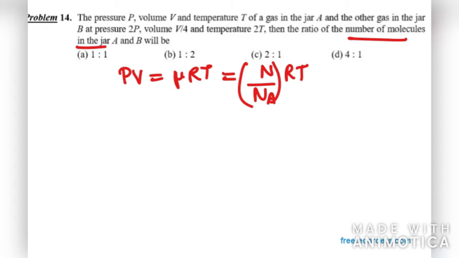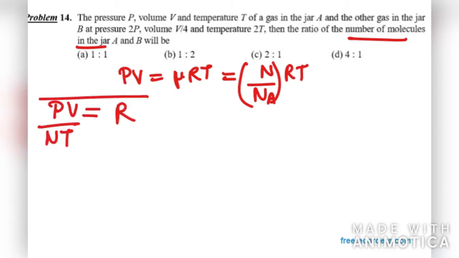Now as you can see that N is dependent on P, V and T. So PV over T is proportional to N. Now in this case we need to compare two quantities, that is N1 over N2.